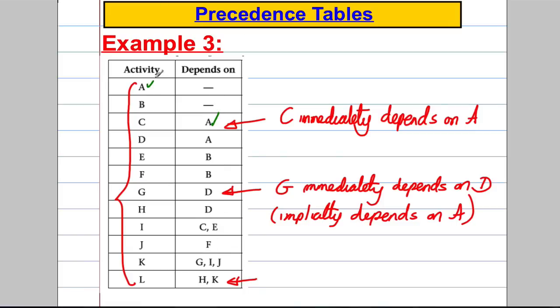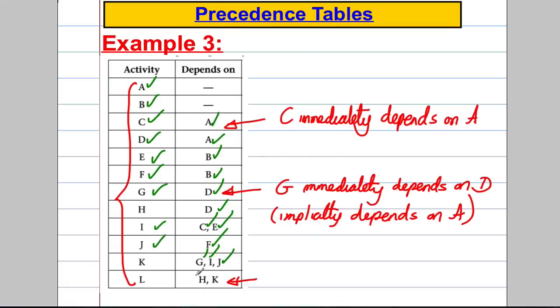So A's been depended on, B's been depended on, C has been depended on, D has been depended on, we said E has been depended on, F has been depended on, G has been depended on, I has been depended on, and J has been depended on.